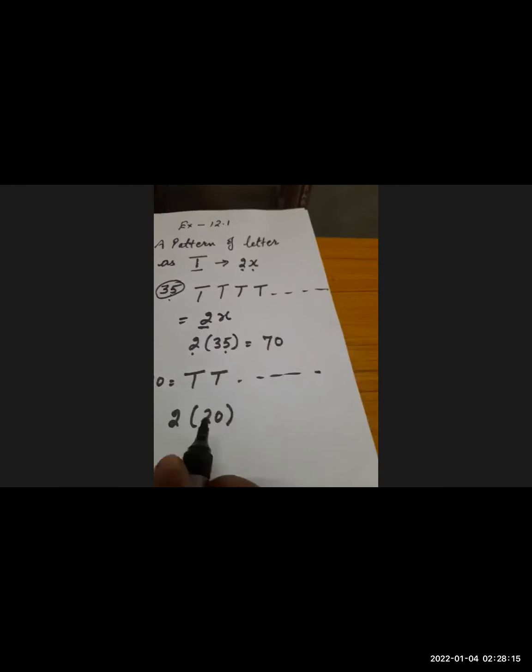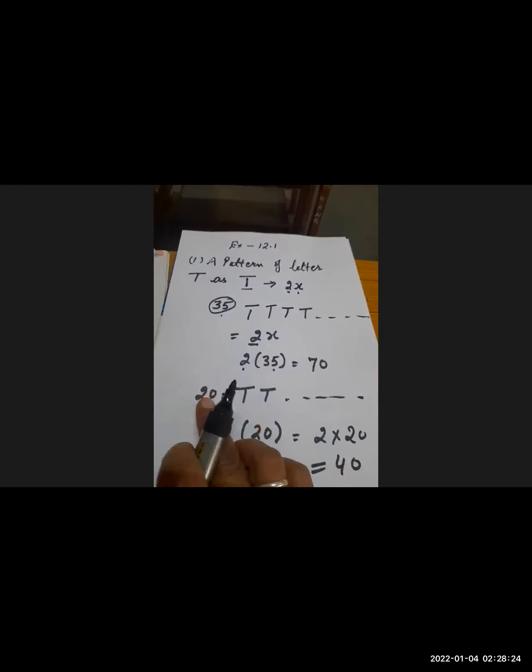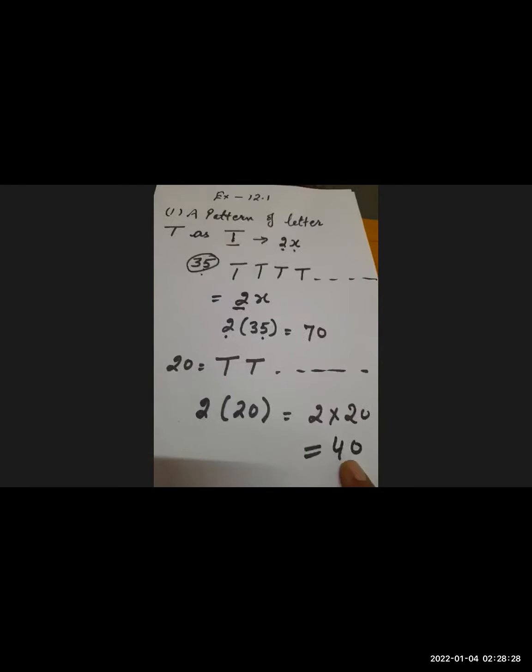Here 2 matchsticks for one pattern and 20 is the number of patterns. Now 2 multiply 20 is equal to 40. It means to make 20 patterns, we want 40 matchsticks.